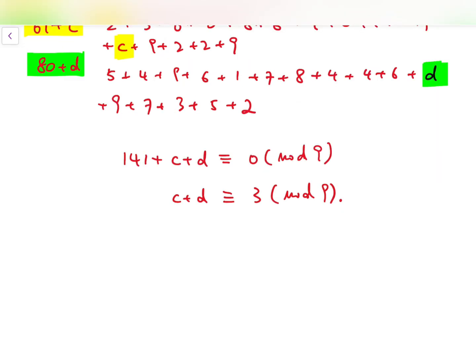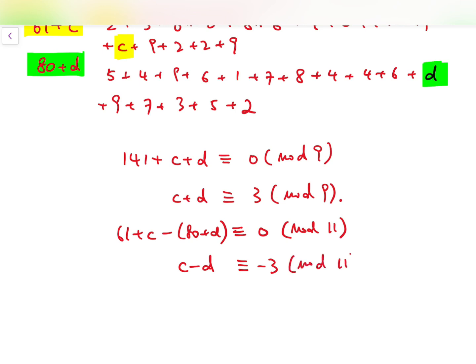While for the difference, we have to do 61 plus C minus 80 plus D, and we need that to be a multiple of 11. And C minus D, we have the number minus 19 at the left, and so we know that that should be minus 3 mod 11.